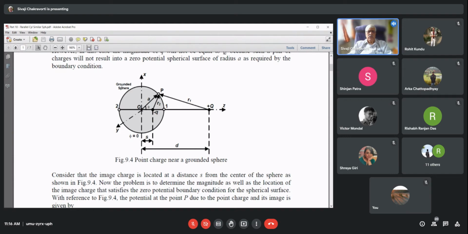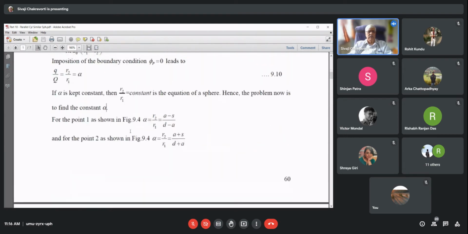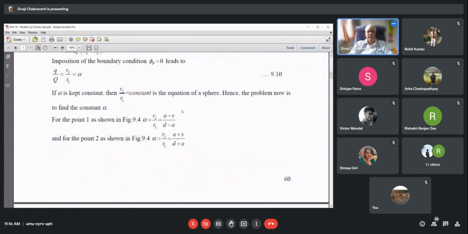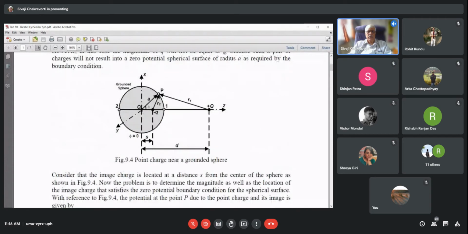Now, since they are both on the surface of the sphere, R2 by R1 is equal to a constant, that I can apply. So that's exactly what you have seen here, that alpha is R2 by R1. Now you can clearly see, if you take the point 1, what is R2? This is the radius minus S, that is A minus S. That is what is written here. Then what is R1 at the point 1?